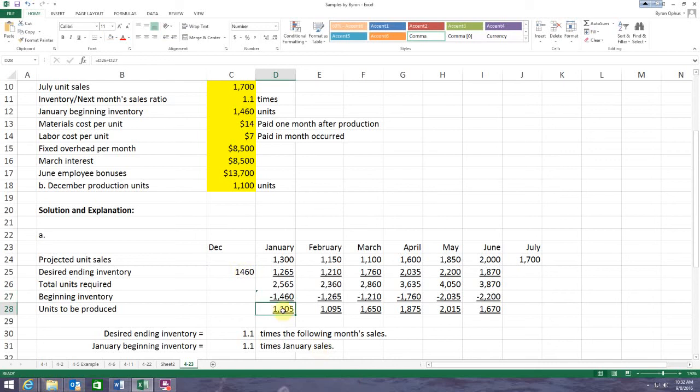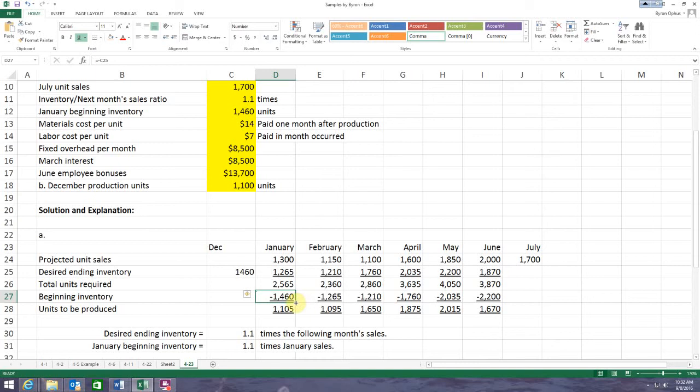Okay, then my units to be produced is simply my total units required minus my beginning inventory, and I have that in as a negative number, so I have to do this one, that it's equal to this actually plus a negative, right? So that gives me that. And again, I didn't pull these across, but this reference stays the same.